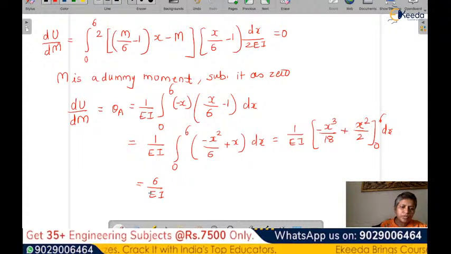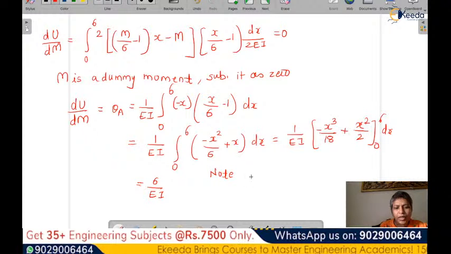What we have to remember here is that we first differentiate with respect to the dummy load, and then we substitute the dummy load as 0 and then integrate.